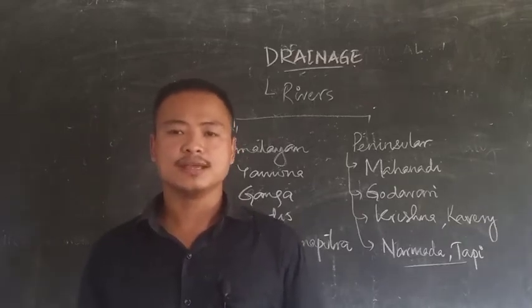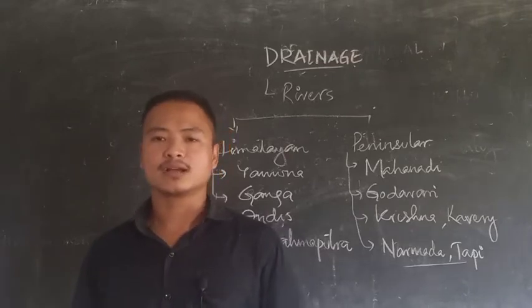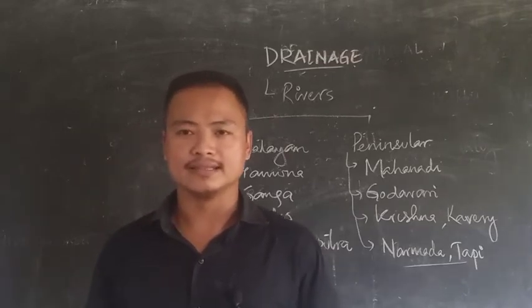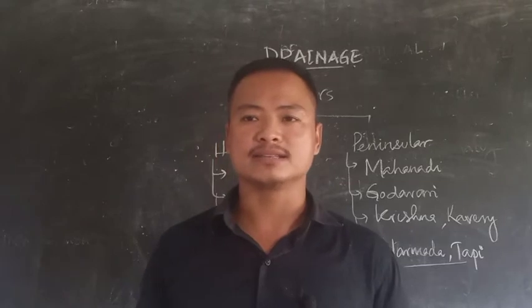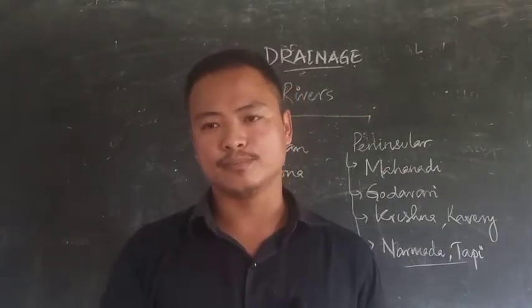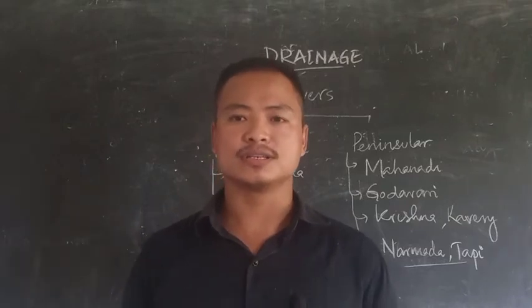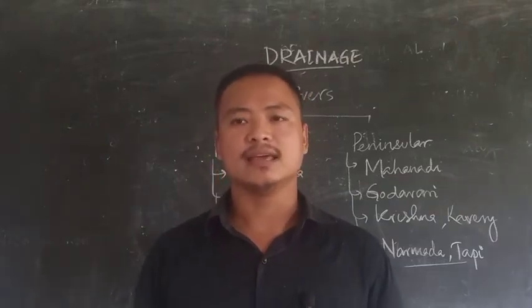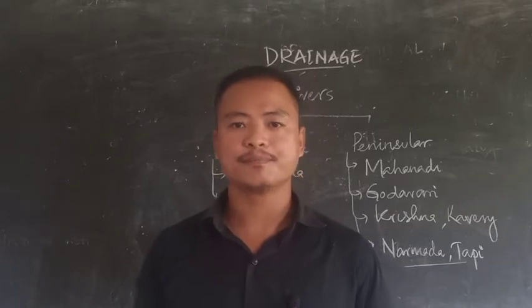During the formation, these rivers kept on flowing continuously on their course, and hence they cut the Himalayas at several points, forming deep gorges and valleys, and thus they are considered to be antecedent rivers.